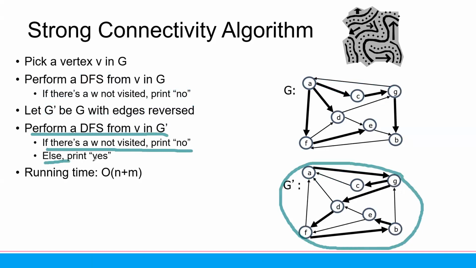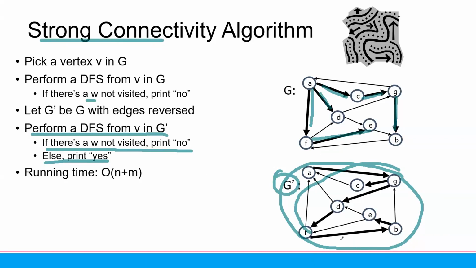Else, print yes. So it means if there is any W which is not visited, then it is not strongly connected. So we can check all the possibilities. If all are possibly connected, we need to build the G prime.